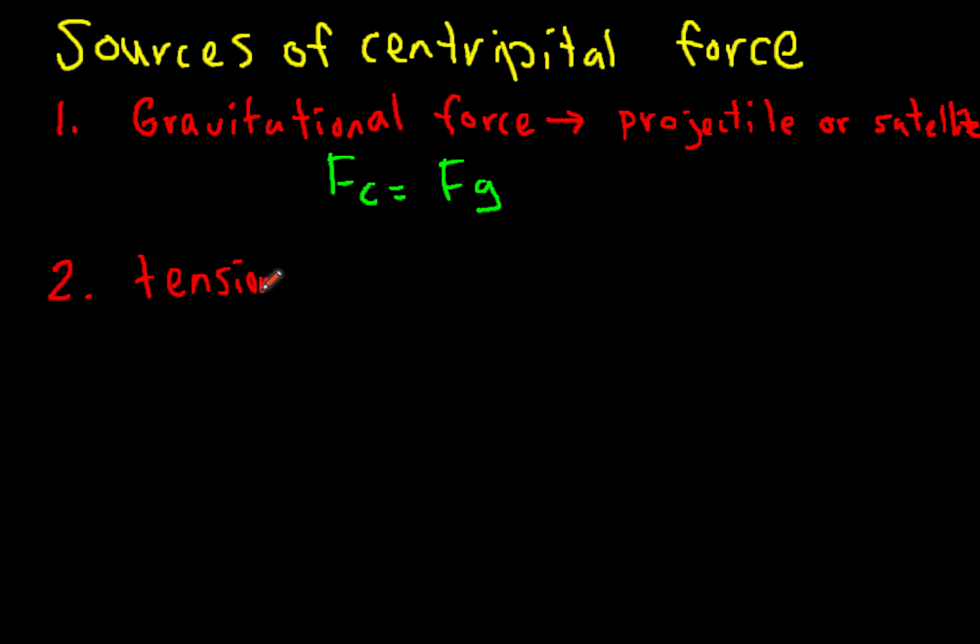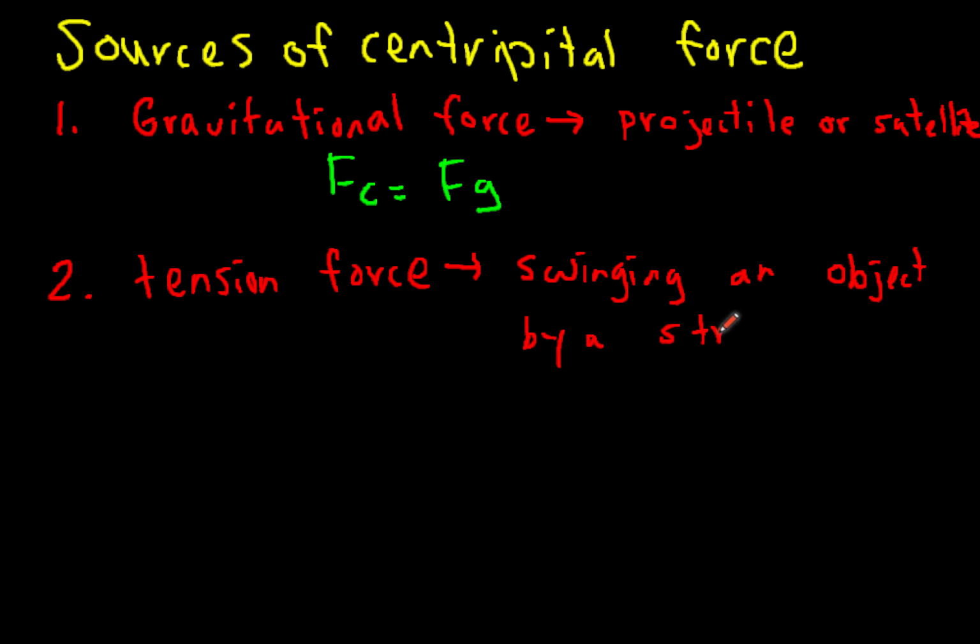It could be due to the tension force, which happens when you have an object that's swinging on a string. In this case, the centripetal force is caused by the force of tension, so centripetal force equals force of tension.